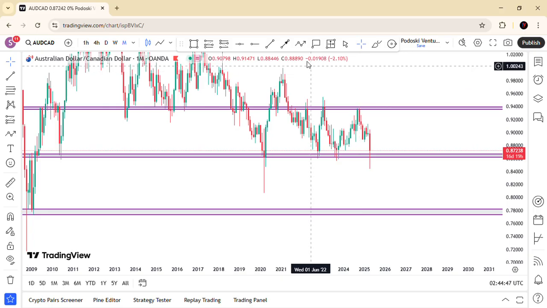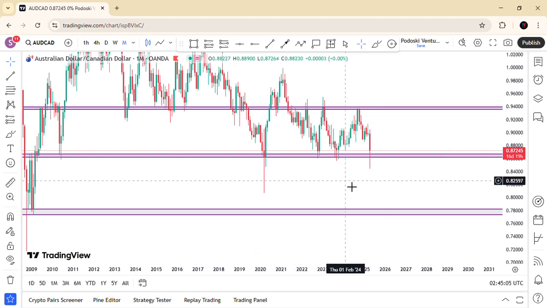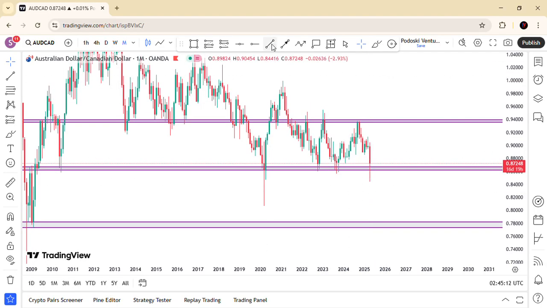On this pair, I have my monthly upper zone, my monthly midway zone, and my monthly lower zone. We are seeing a bullish market, even though it's not a complete bullish market, but it's still a bullish market because whenever price taps into this zone, we see buying pressure all the way up.